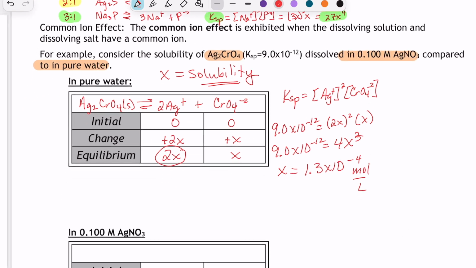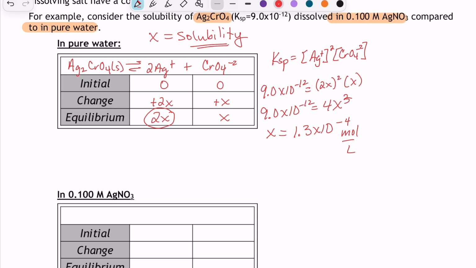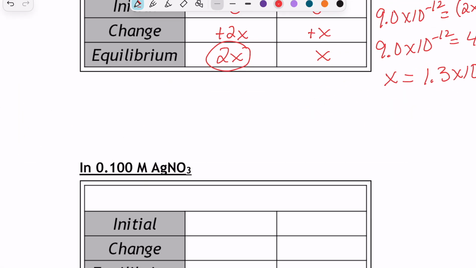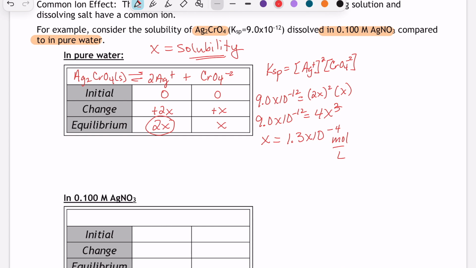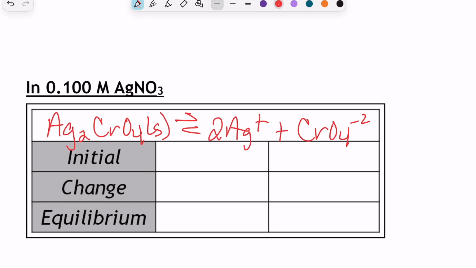That's how much we can dissolve of this compound in pure water. Now, we're going to do the same thing, but this time we're going to dissolve it in a solution of silver nitrate. So in this case, we have our same equilibrium system as before. I'm going to still make the same ICE chart, 2Ag+ plus CrO4 2-. Now, the difference here is our initial conditions.